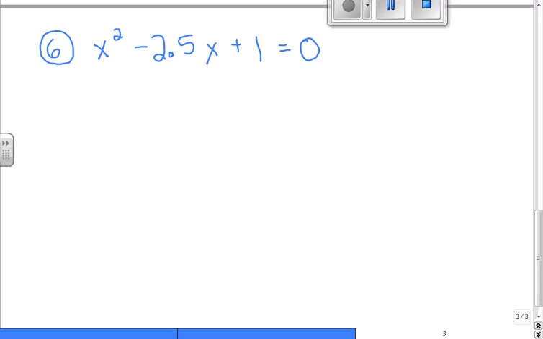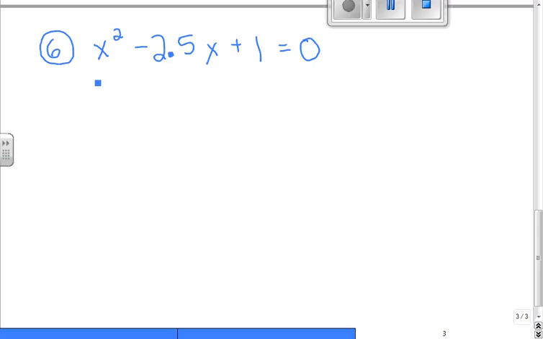It has an x squared in it. And we know that to solve a quadratic, we have two methods. We could use the quadratic formula, which always works, or we could attempt to factor the problem. Now, we have a decimal here. We know that we're not going to be able to factor it the way that we're used to with a decimal. So let's see if we can get rid of the decimal.